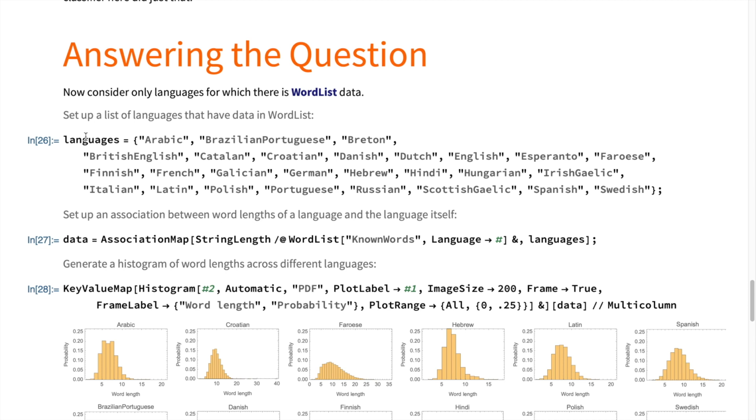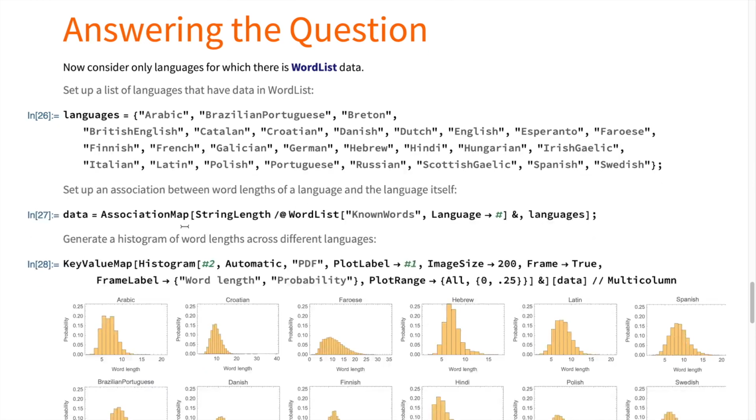I first want to look at the distribution of word lengths across different languages. To do this, I set up an association between the string length of words in a particular language and the language itself. I'm using a pure function here, as indicated by the green hashtag. Pure functions are essentially like the functions you would see in an algebra class, where the variable is an empty hashtag waiting to be filled.